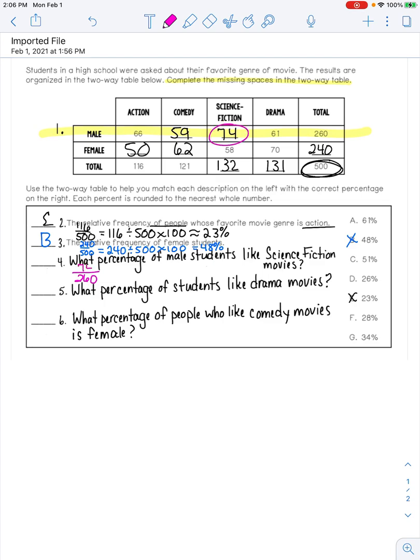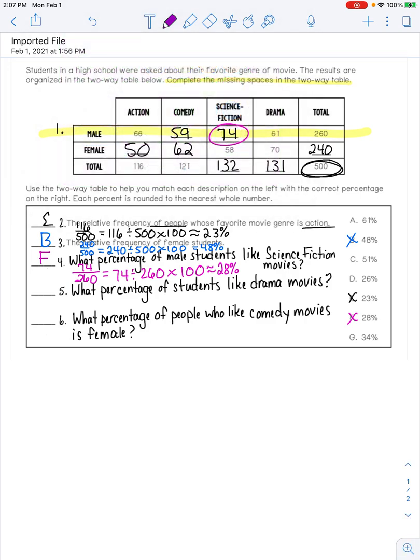So that's my part out of whole. And then to change that to a percent, you do 74 divided by 260 times 100. So let's type that in. 74 divided by 260 times 100 gives me about 28%. So when I look, 28% is choice F.